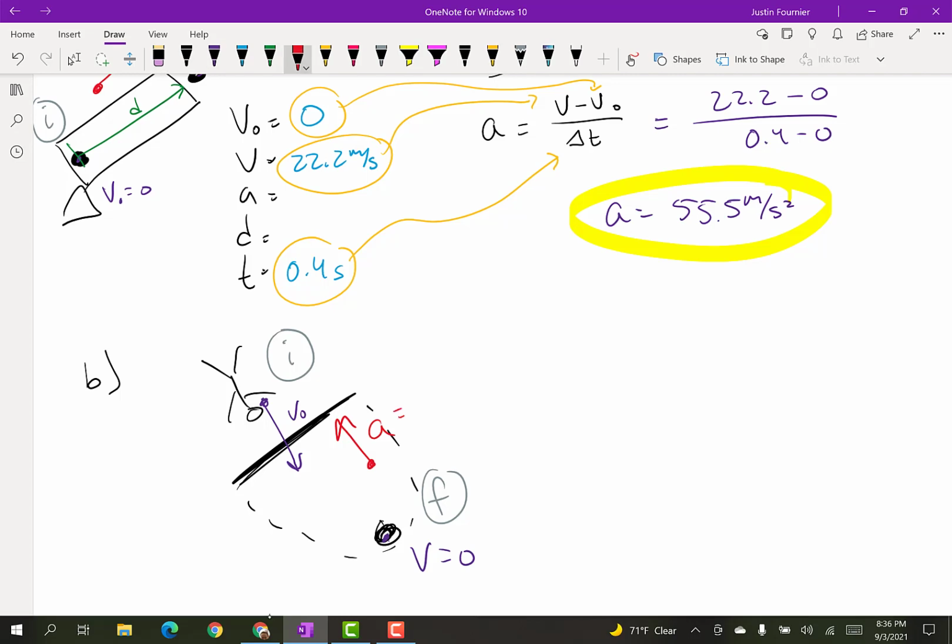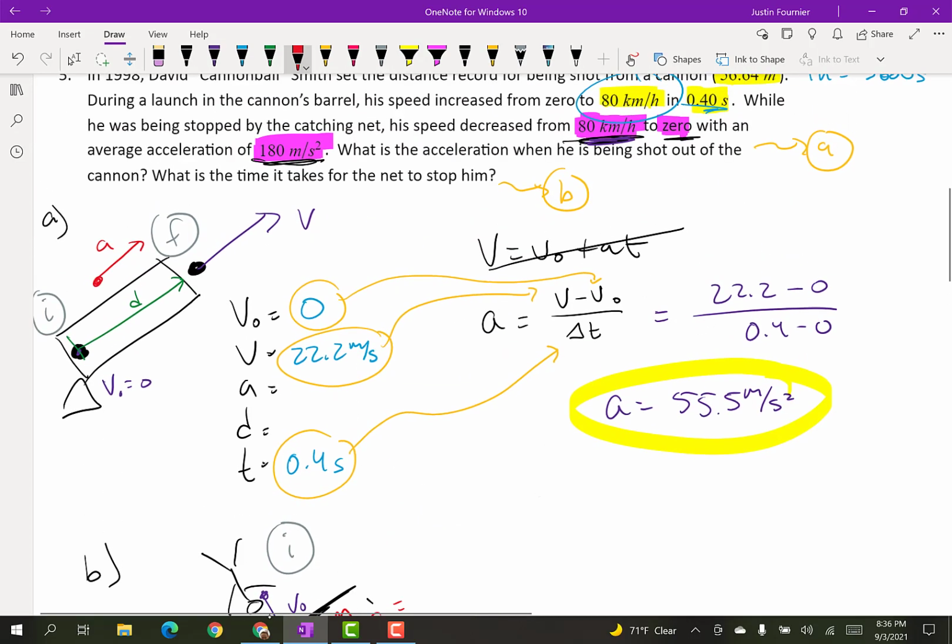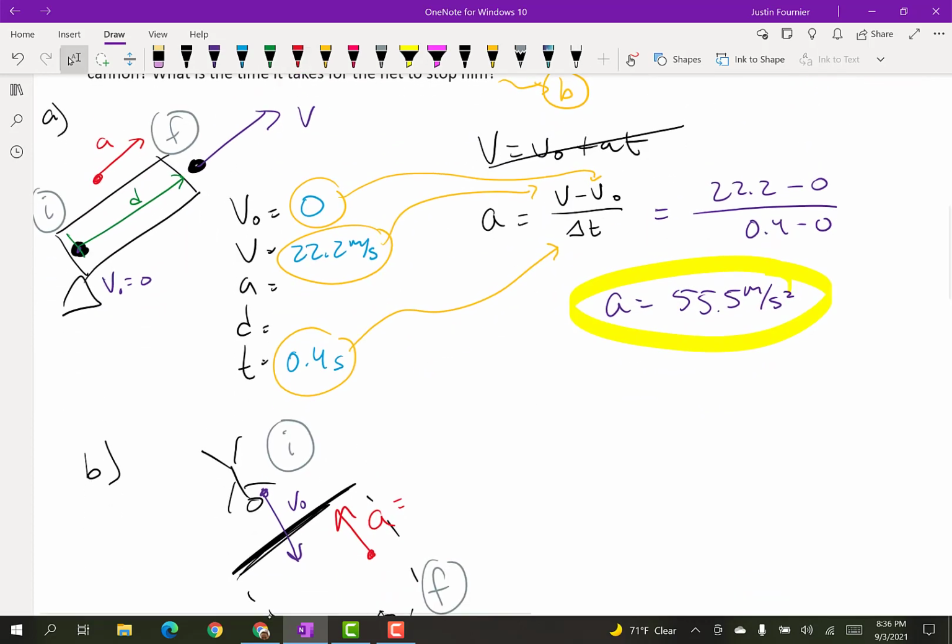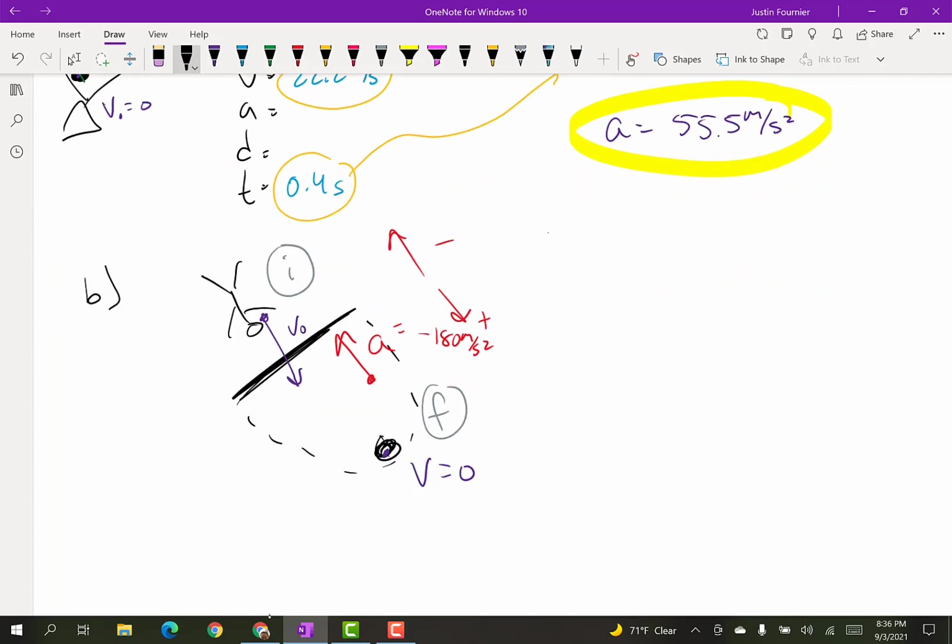That basically means that, let's say this direction is positive, this direction is negative. So my acceleration is going to be negative 180 meters per second squared. So I can then do a v naught v a t. So my final velocity this time is 0.